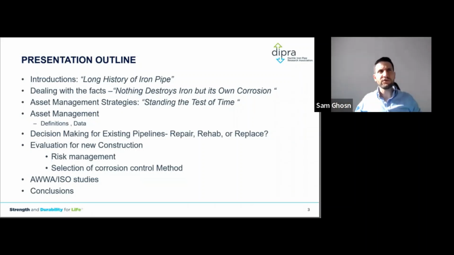Asset management strategies: how we can stand the test of time by designing, manufacturing, installing, and maintaining a water system for 100 years of service. Asset management: how do we define asset management for metallic pipes, especially cast and ductile iron pipe, and what kind of data do we look for?